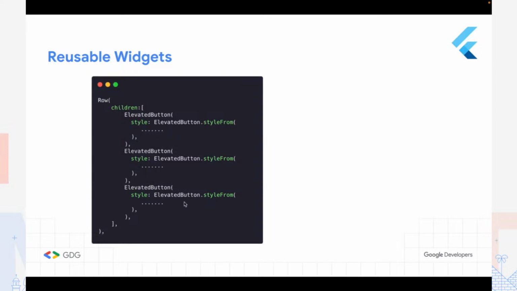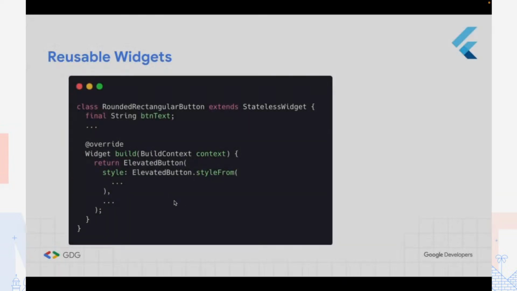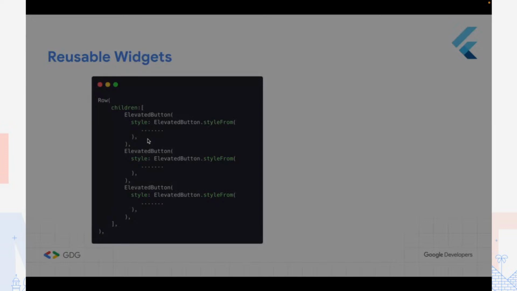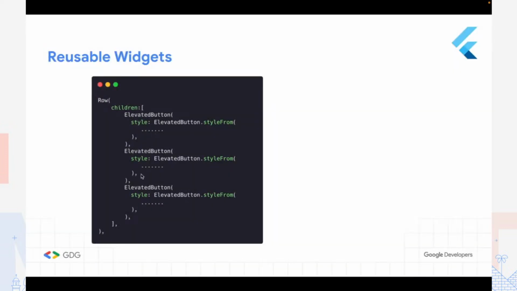So in this case, what we can do is extract the widget into a separate widget, and here I can have dynamic variables. So let's say button text, and I can also have the rounded edges as a dynamic variable. And when I'm defining this button, I'm going to add those dynamic variables here. So for button 1, I have rounded edges of, let's say, 20 border radius, and here I have 22, and for the third button 24.